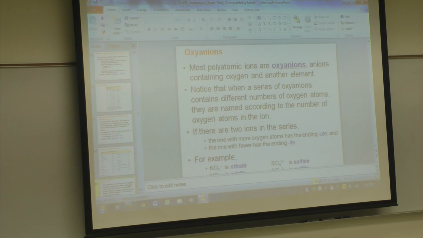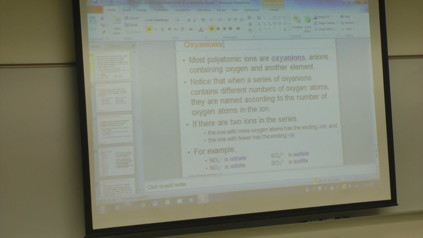So what are oxyanions? They are polyatomic ions containing oxygen. As an example, we have NO3- nitrate and NO2- nitrite, where SO4 2- is sulfate and SO3 2- is sulfite.